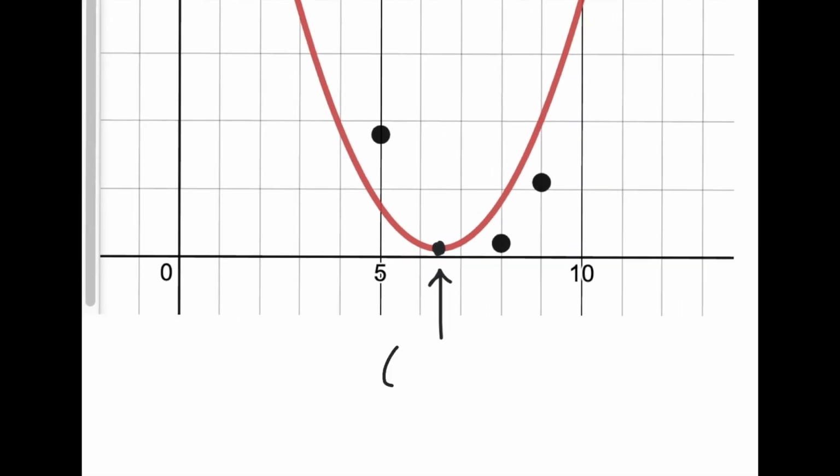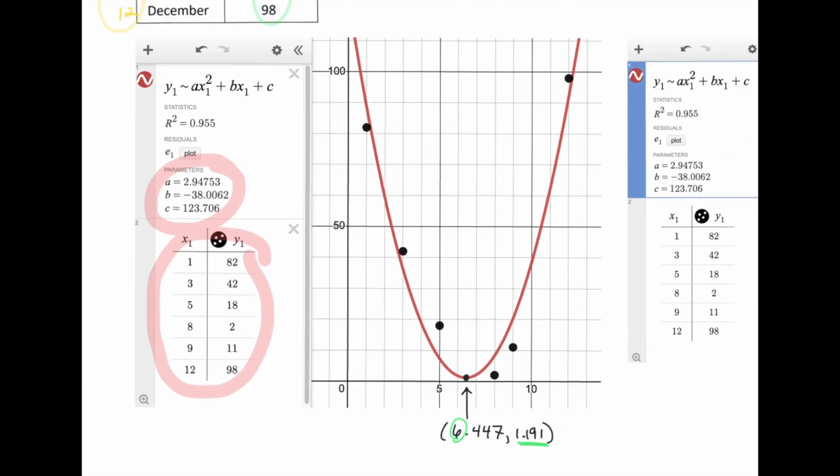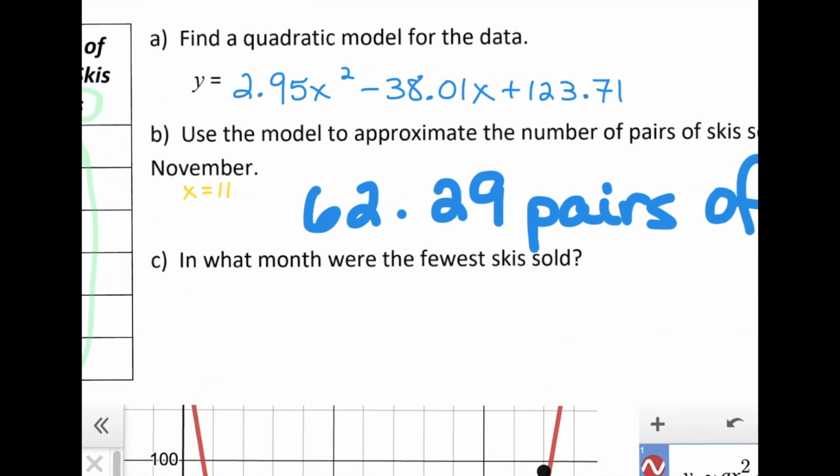If you click there, you should see 6.447 and 1.191, and it looks like there were actually fewer skis sold in month 6, right? August was month 8. And so you're going to want to take that 6th month, which is June. That's my answer to that third question: June, or X equals 6.